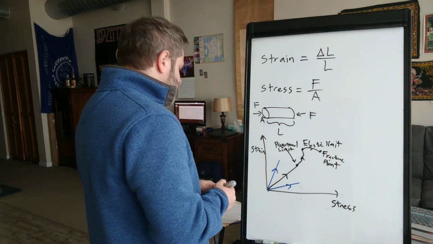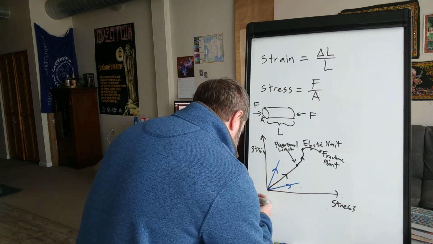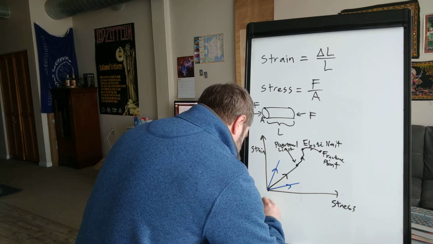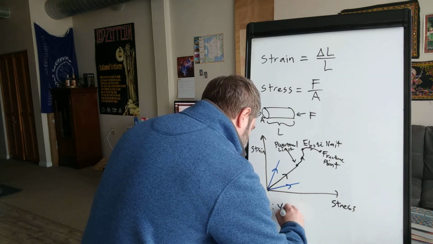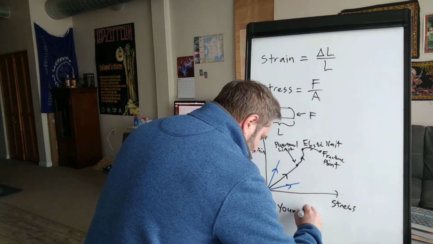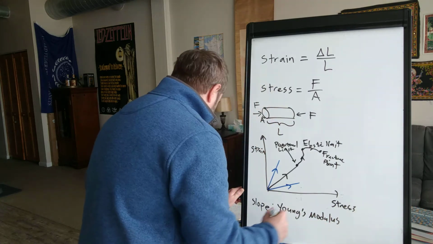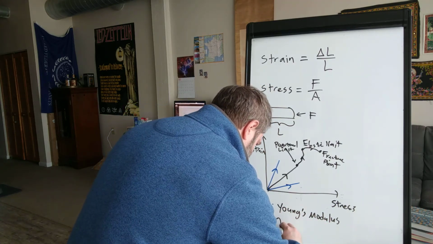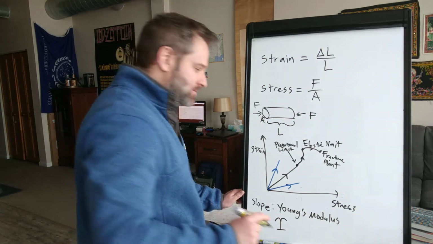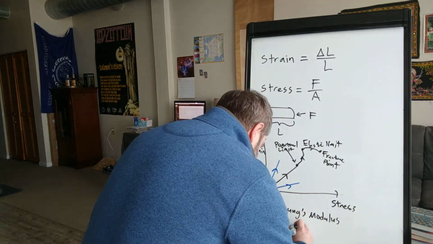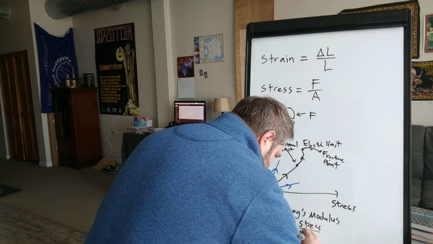So the slope of this line is important, so it gets its own name. This is Young's modulus. And that is given by the Greek letter upsilon. A very rare Greek letter. Very special. And that's just the stress over the strain.